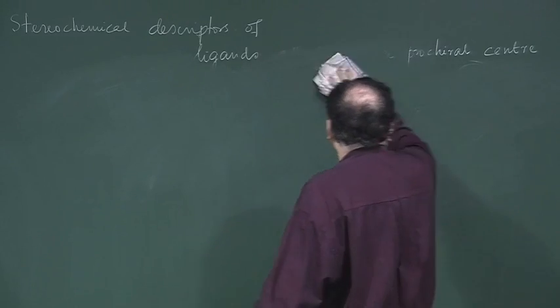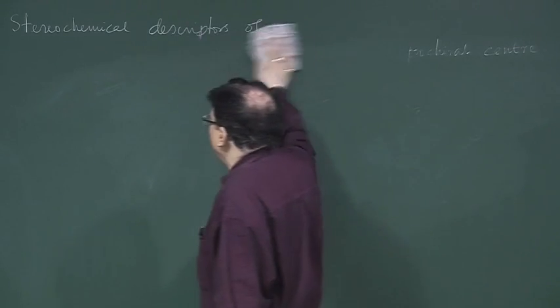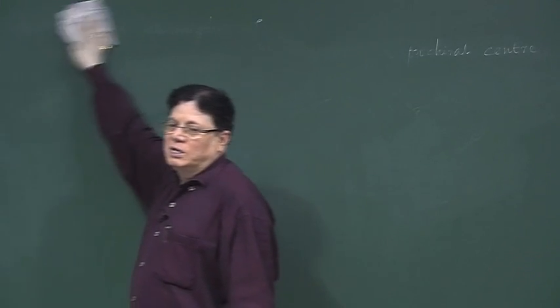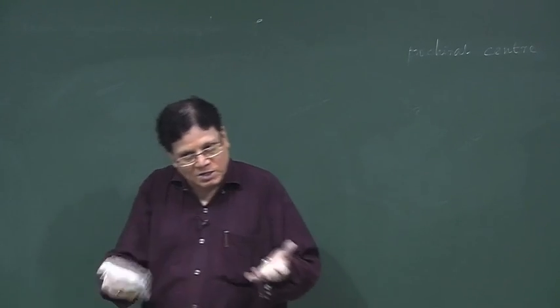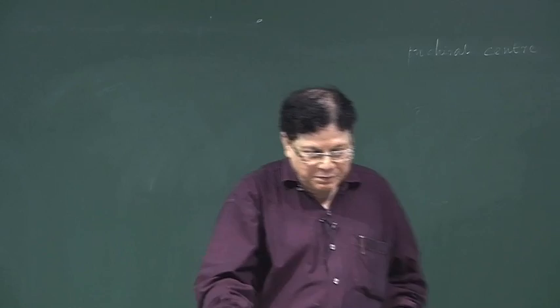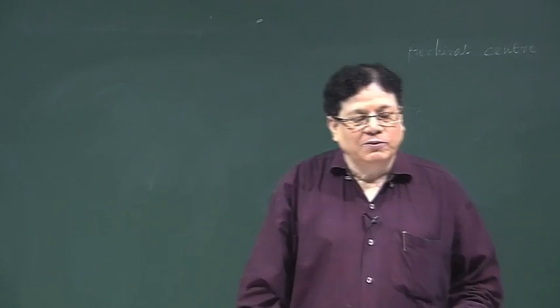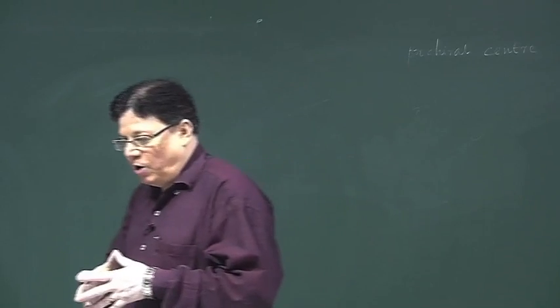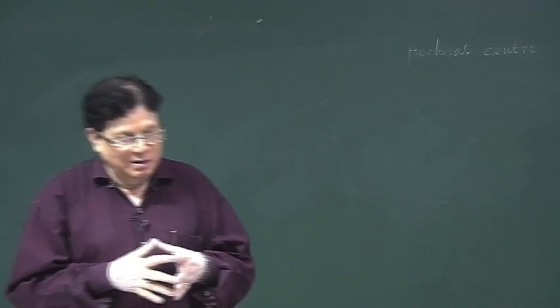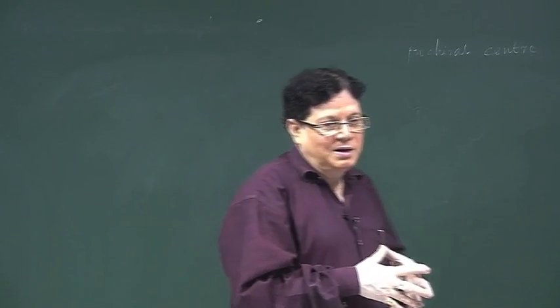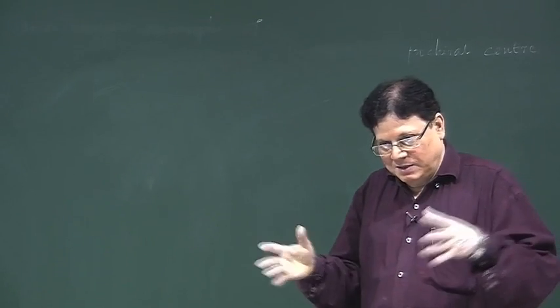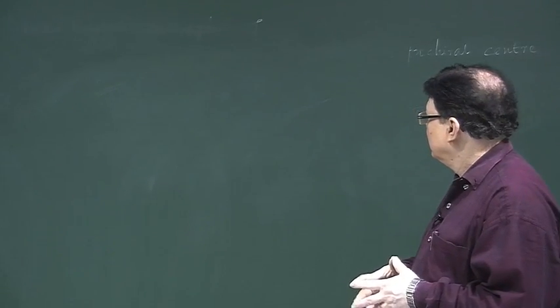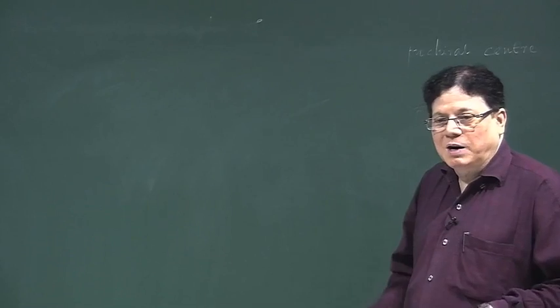And the way to describe this is to use this concept. Okay. So, that takes care of the stereochemical descriptors of stereogenic centers, then the ligands, and then the spaces, and more or less that takes care of that part.